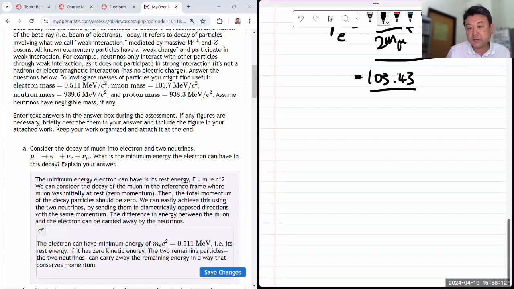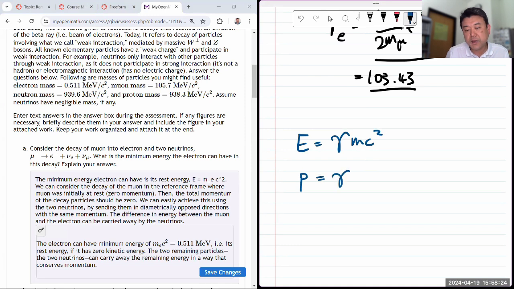If you look at relativistic energy, gamma mc squared, and relativistic momentum, gamma mv, it's the question of, for a given amount of momentum, how much energy should I have?